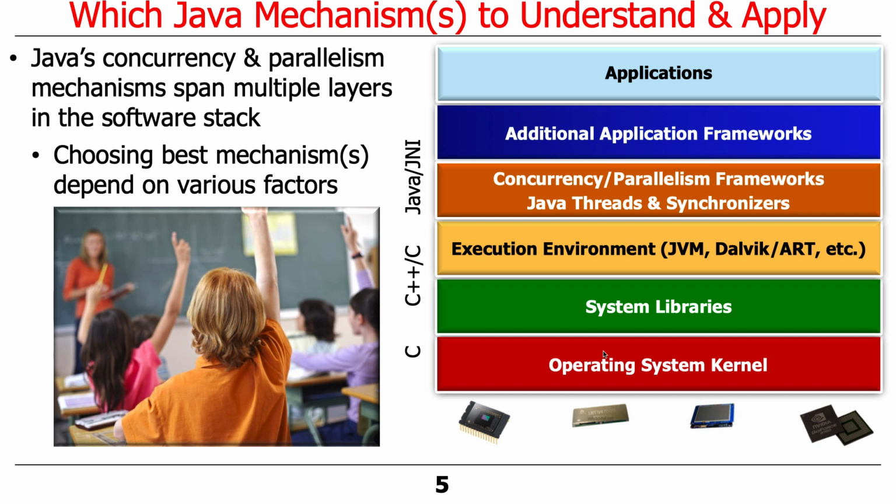As you might expect, things that are towards the bottom of the stack, which are closer to the hardware, are typically going to be more efficient, but harder to program. And things that move up the stack are typically going to be a lot easier to program once you master the patterns and idioms and so on, but may not be quite as micro-optimized. And so it's that trade-off we talked about before.